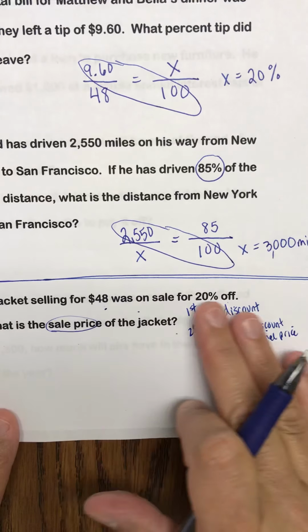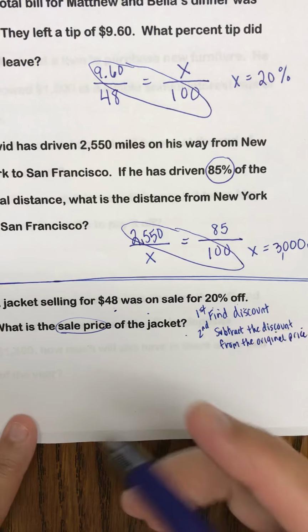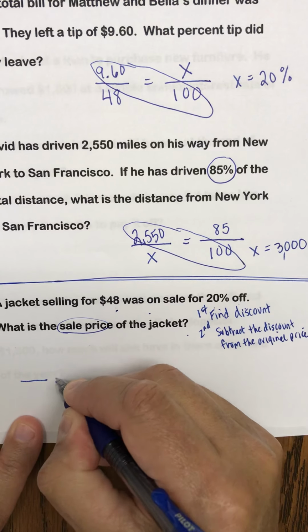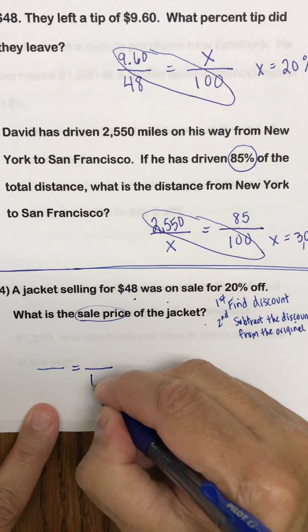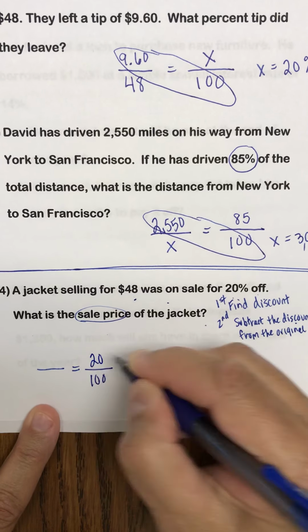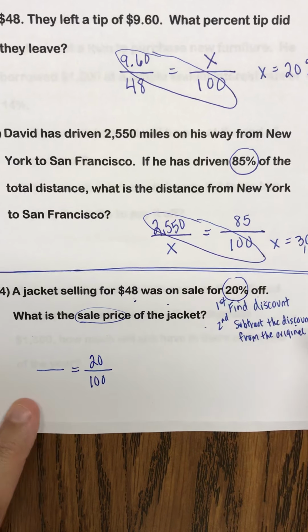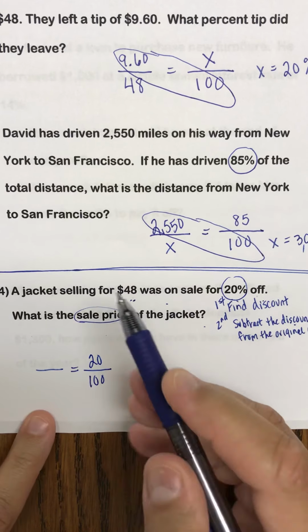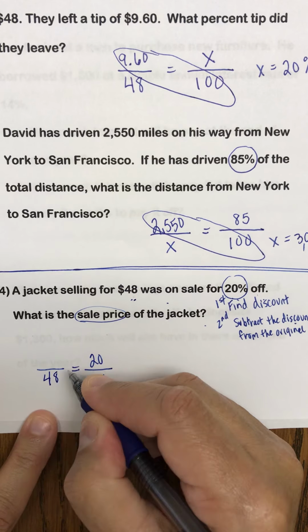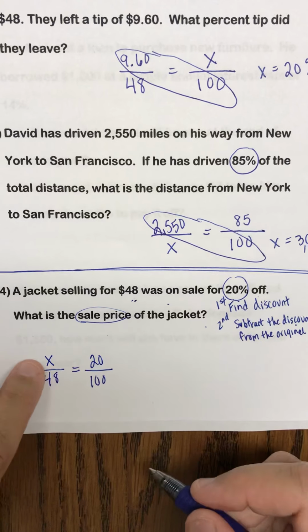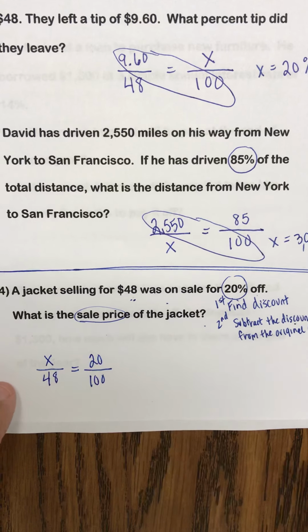So we're going to go to step 1 and we're going to find out what the discount was. So we set up our proportion, 100 on the bottom, 20 on the top for the percent. Now the jacket originally sells for $48. And so our X is going to be, what is the discount? What is the 20% off?